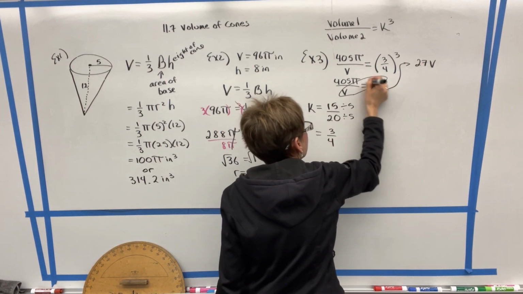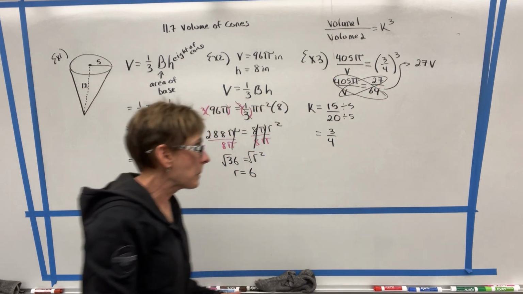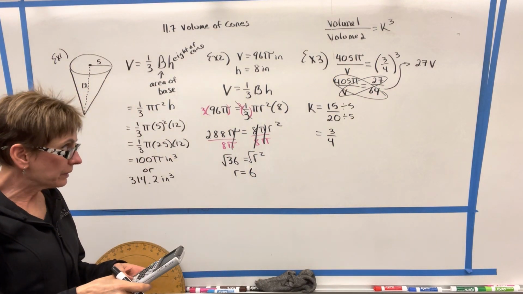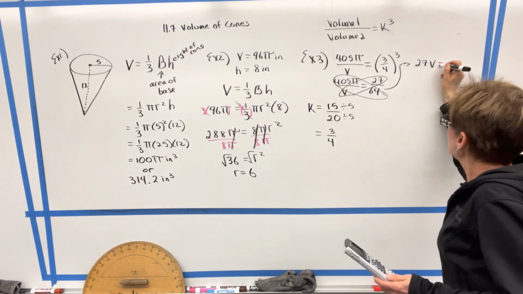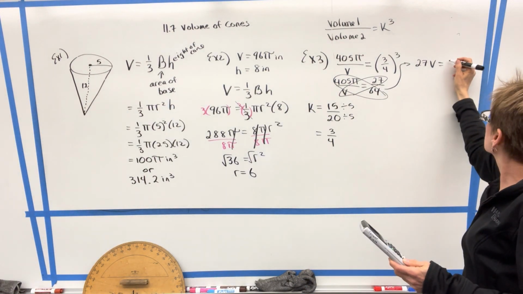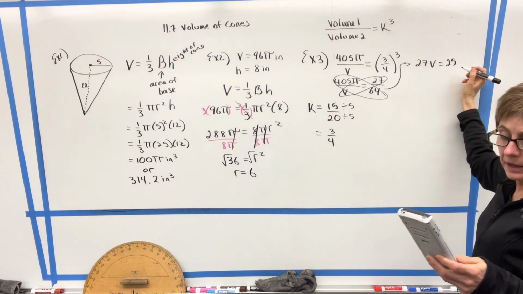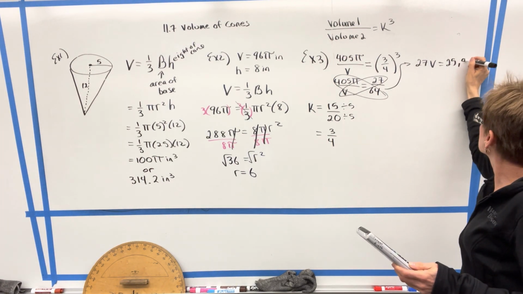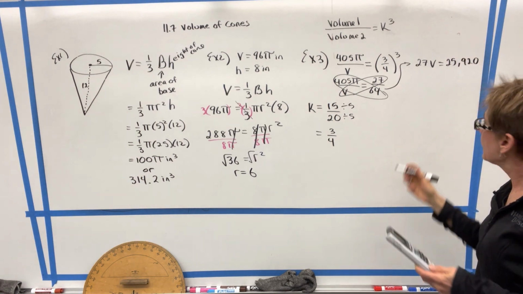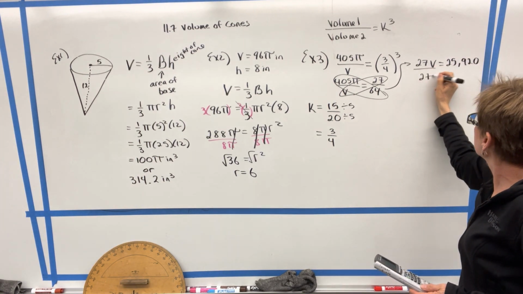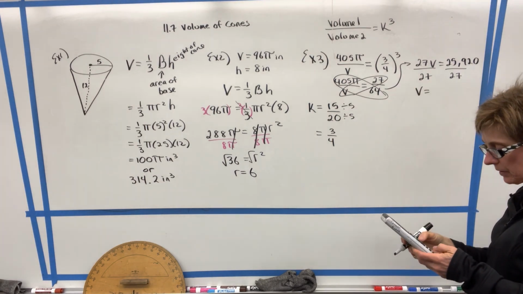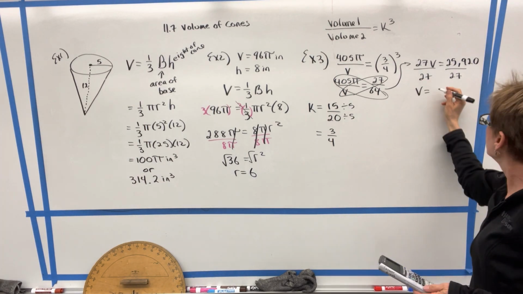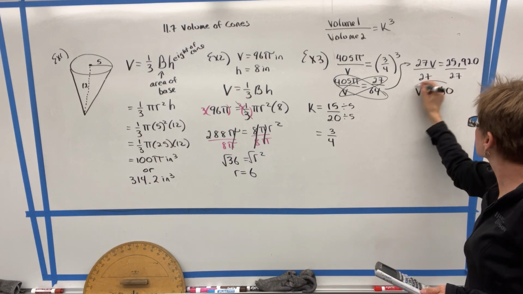So I have 27V there, and when I take 405 times 64, this is going to be a very large number. I'm going to get 25,920. Now I want to divide both sides by 27, and I'm going to get 960.